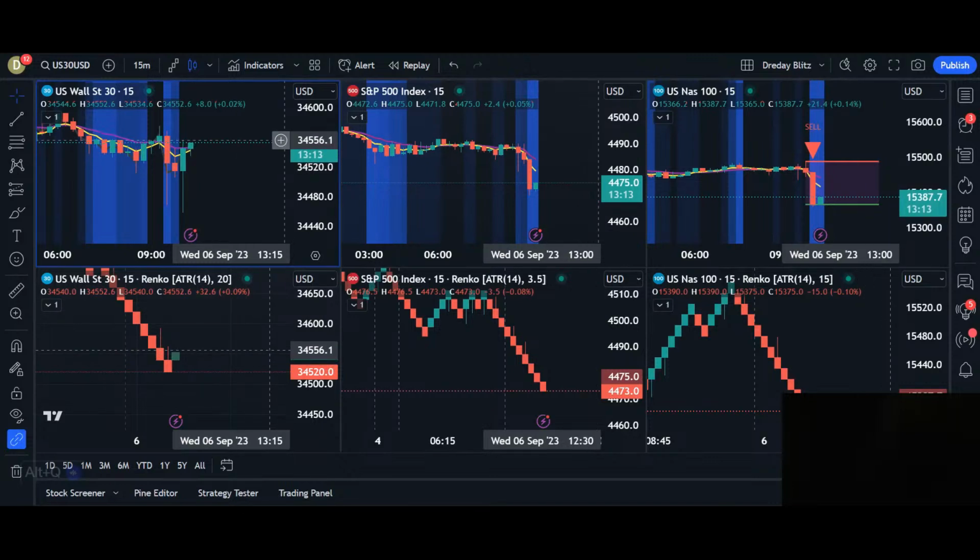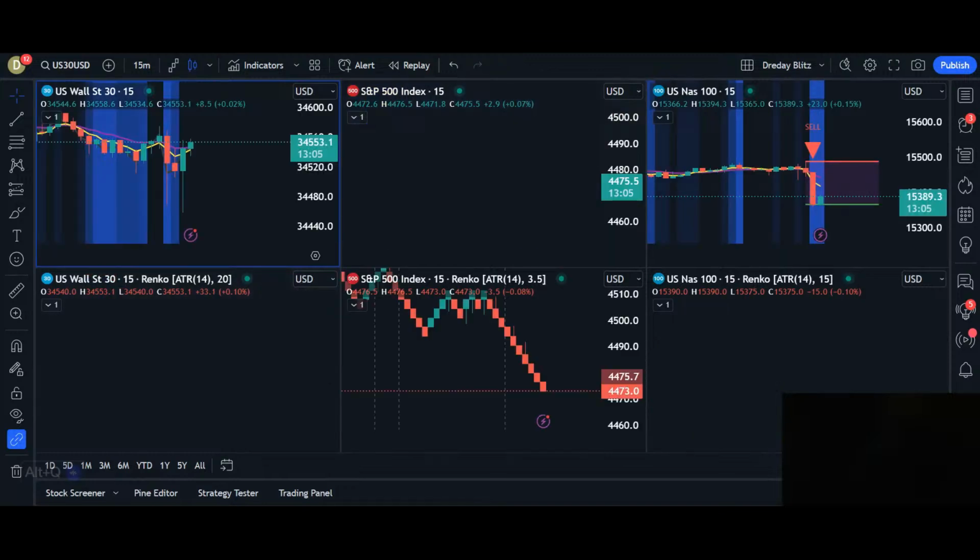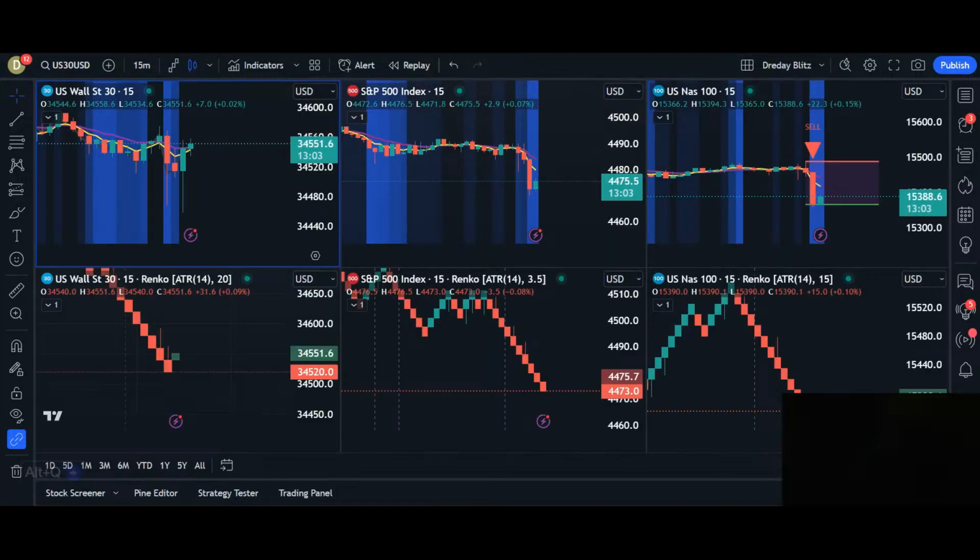Oanda has the best feed for the market. So depending exactly on the broker that you actually trade on, I always look at the Oanda feed on TradingView to take my position.